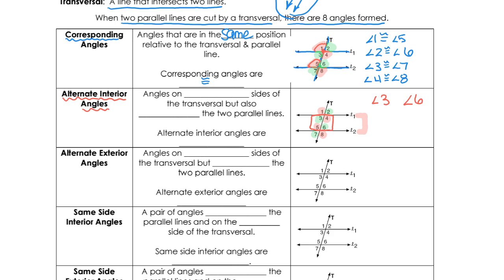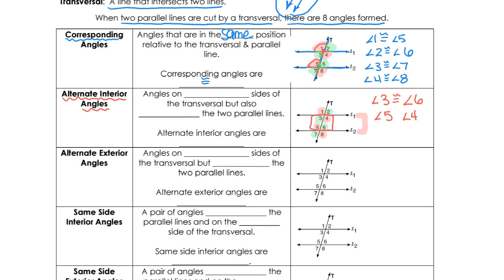And if you notice, 3 and 6 have the same color. Therefore, 3 and 6 would be congruent. Okay. If I pick angle 5, its alternate interior angle, so alternate referring to the other side, which would be where 6 is, but the other end, which would be 4. Angle 5 and angle 4 are alternate interior angles, and they're the same color.